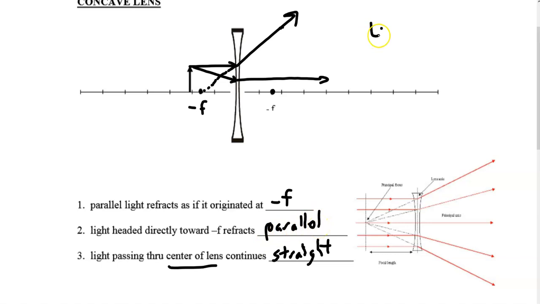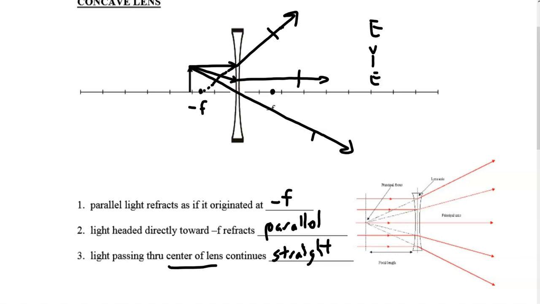Remember, your eye is on the other side of the lens from the object. So where does it see? If I do the third one, I'm going to go straight through the heart of the lens. Your eye doesn't see any of these rays ever converging, but what it does pick up is that it looks like the rays came from a common point of origin.